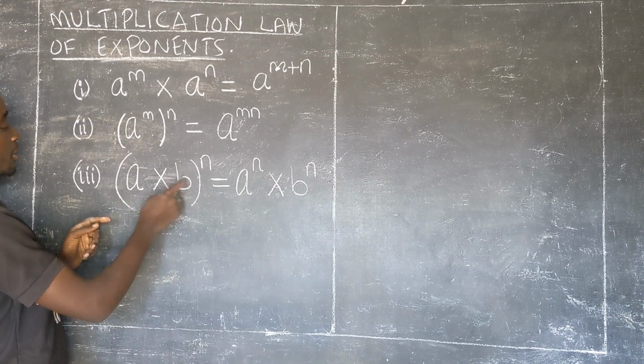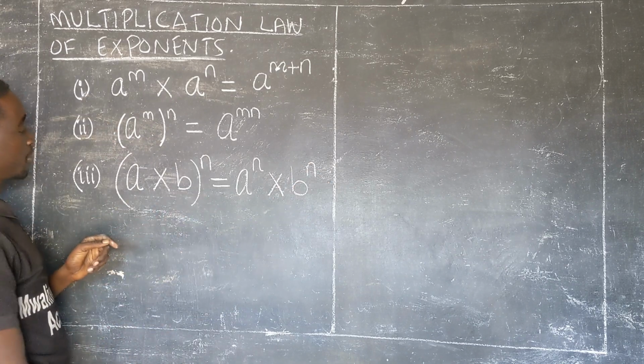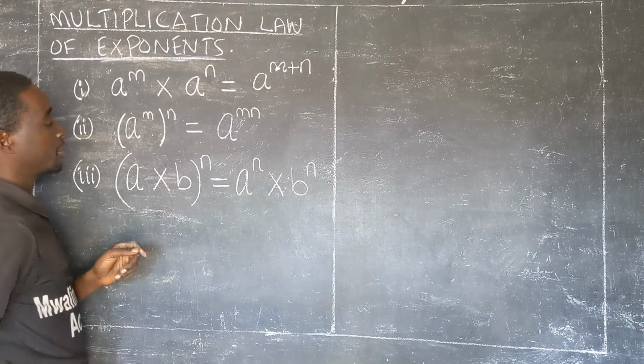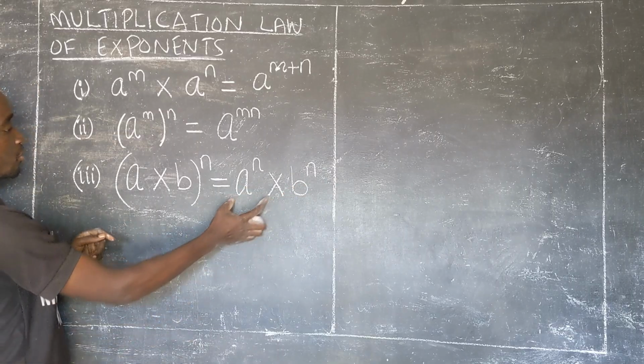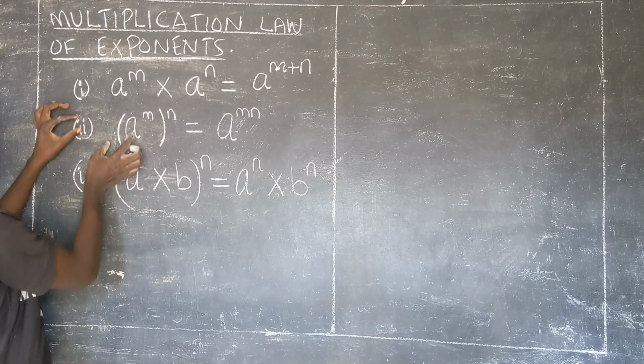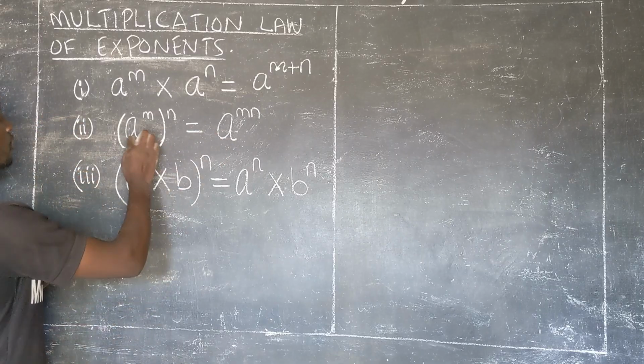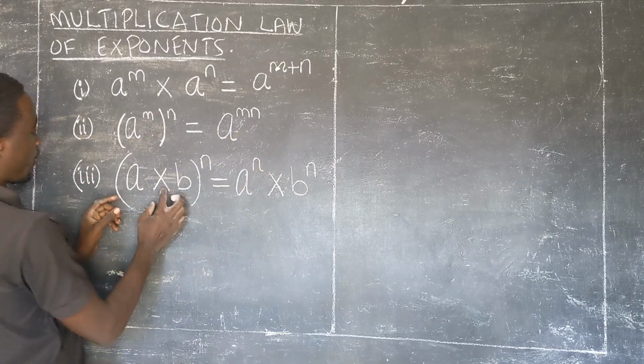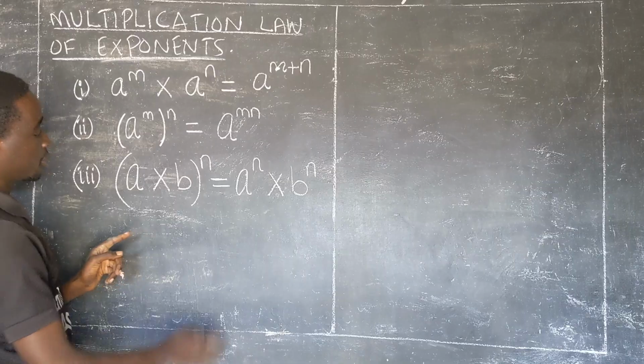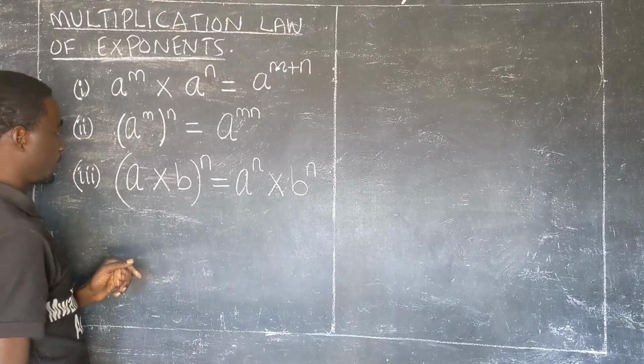So we just raise each number to the same given exponent, separated from the brackets this way. You have to note that this second case is usually known as the power law, while this third case is known as the power law of a product.